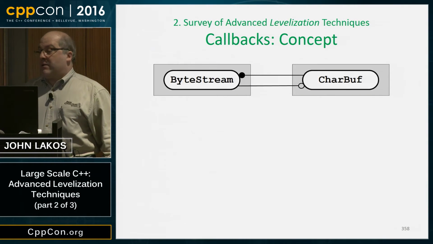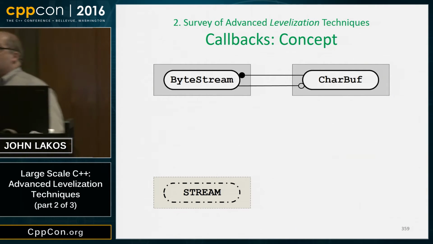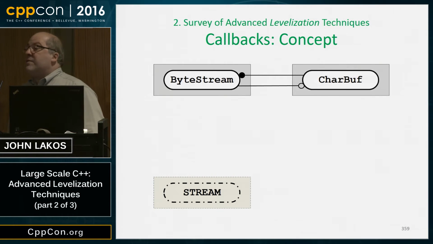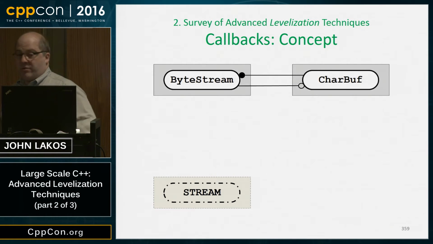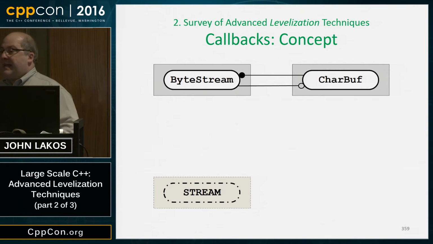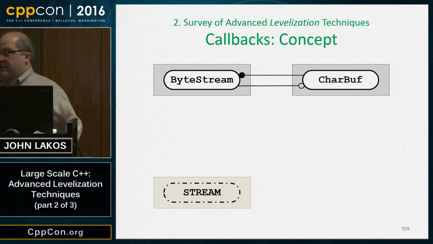We're going to do something crazy. What we're going to do is define a stream concept. And the stream concept is whatever the interface to the stream utility, the stream object was. Whatever it was, that's our concept. And any type that has those methods and satisfies that contract is going to be fine. That's our concept.